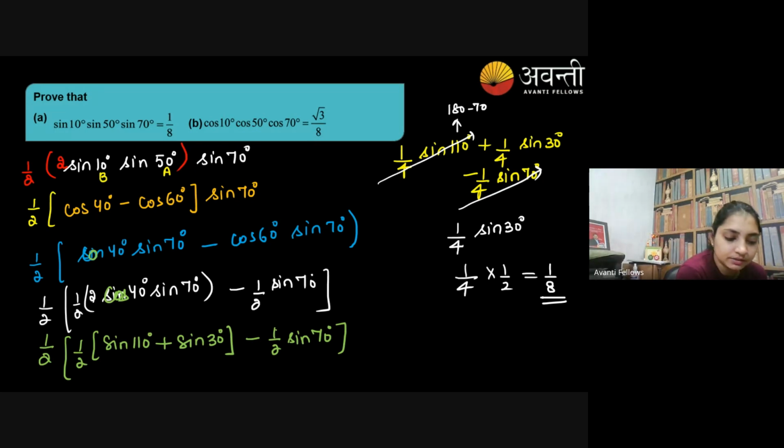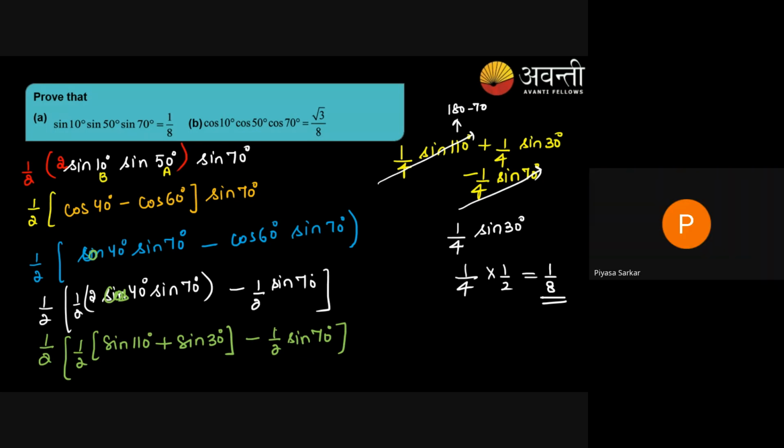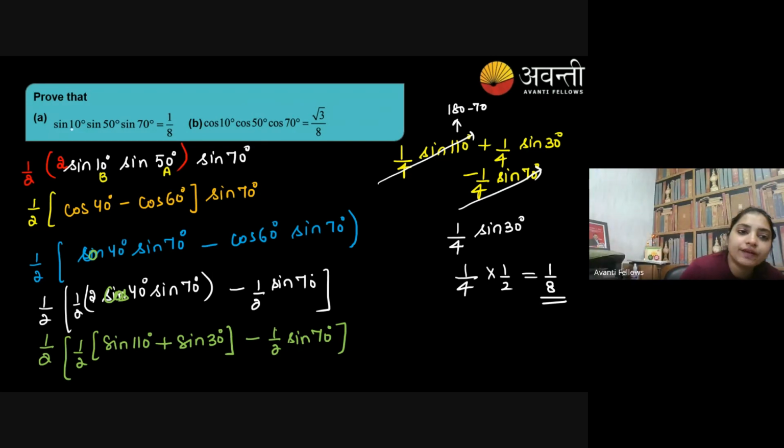Ma'am, could you please explain the first two lines? Okay. So dear, whenever I find this type of question, that there is sine 10, sine 50, sine 70, or it can be sine 20, sine 40, sine 80, I just need to see once, do I know anyone's value? If I know, I will first put that value.